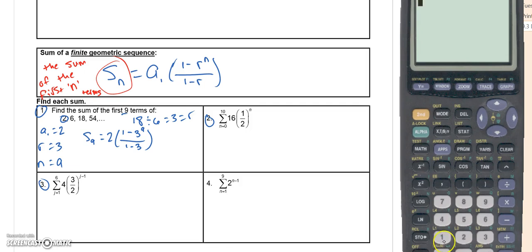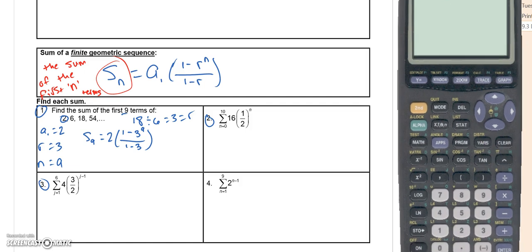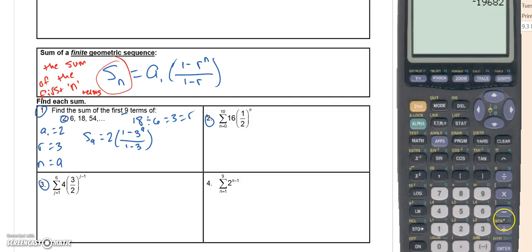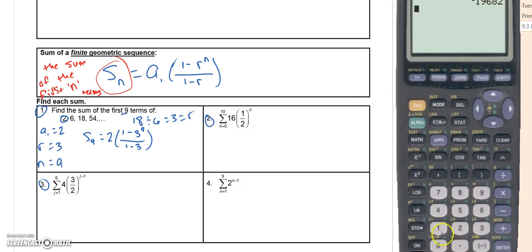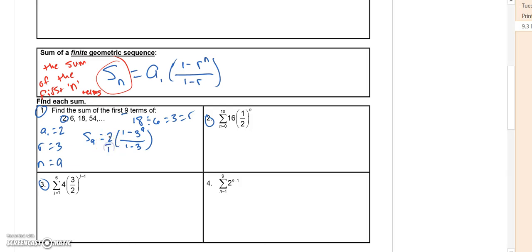So this might be the easiest way to do it. Do the numerator, 1 minus 3 to the 9th, equals. Then we'll do the denominator. Well, that's easy, that's going to be negative 2, but sometimes it's a little trickier. And then we have this 2 in front. Well, that's really 2 over 1, right? So that 2 is part of the numerator as well.